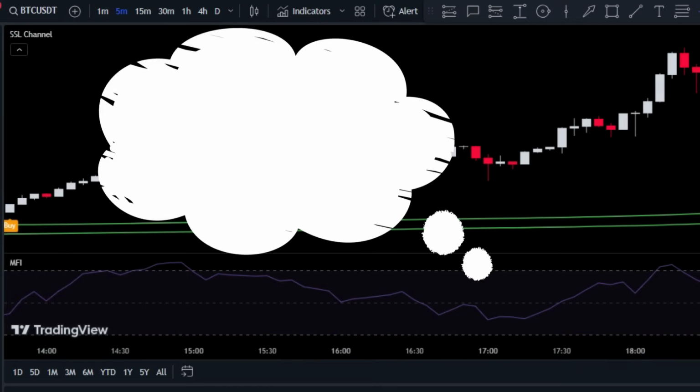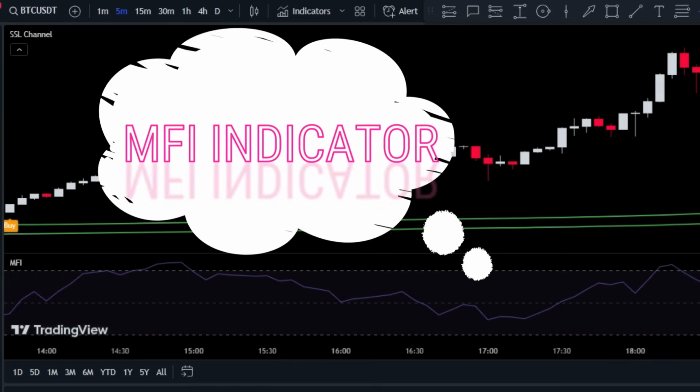To optimize the settings, we're making some adjustments to ensure that we're getting the most out of this tool.